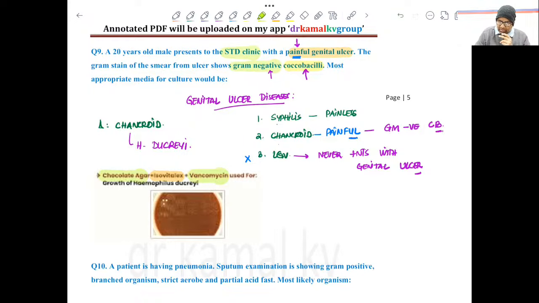Clear? So this is chocolate agar plus IsoVitaleX plus vancomycin. This is the culture media for Haemophilus ducreyi, which is the causative agent of chancroid, which presents with painful ulcers. Clear? So this is how you can read this question.